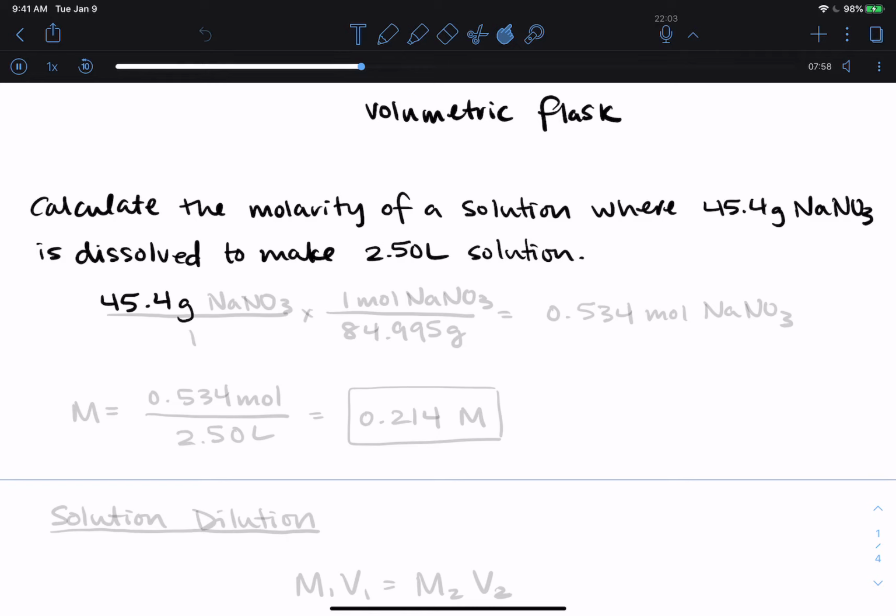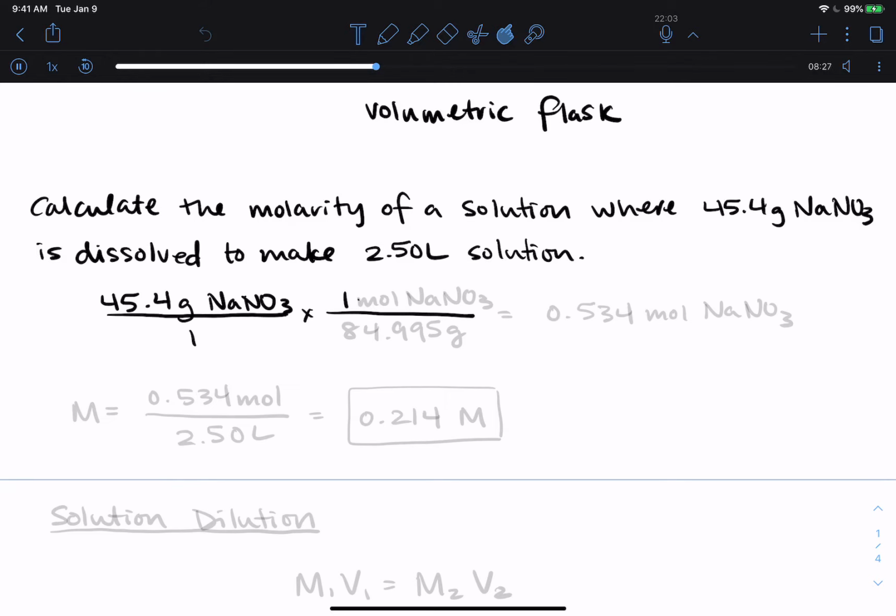So 45.4 grams. I am not going to show the calculation of the molar mass here, just for the sake of keeping a short video, but you should show the calculation of the molar mass for any case where it's not given. And if you want, now's a good time for you to pause and practice doing this calculation to see if you end up with the same answer.